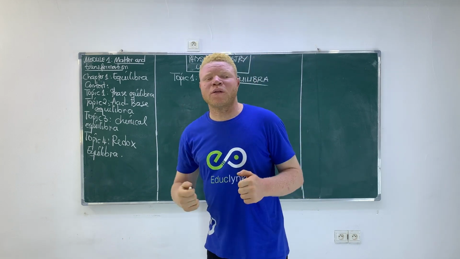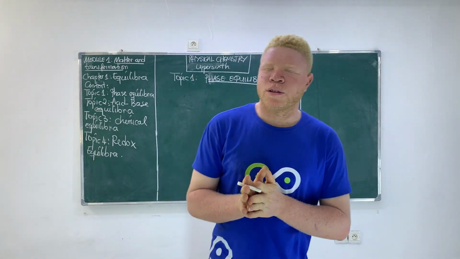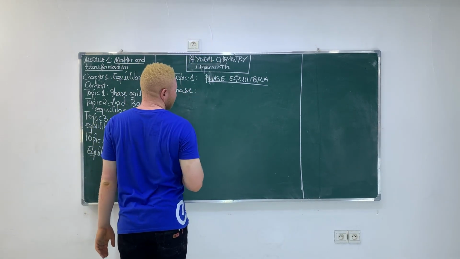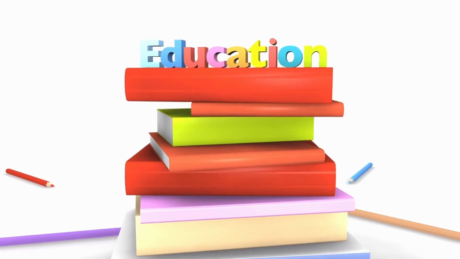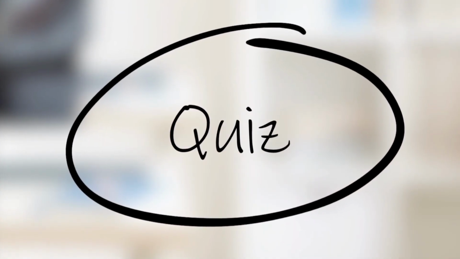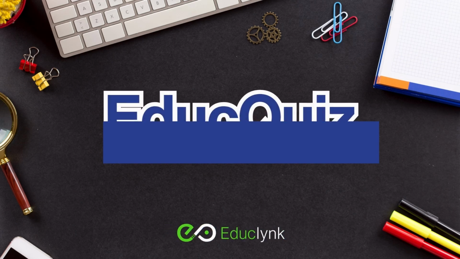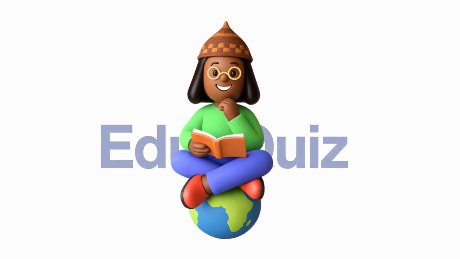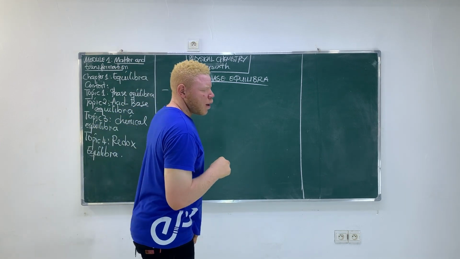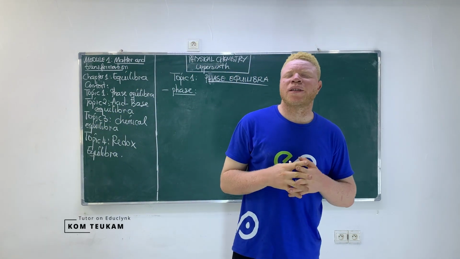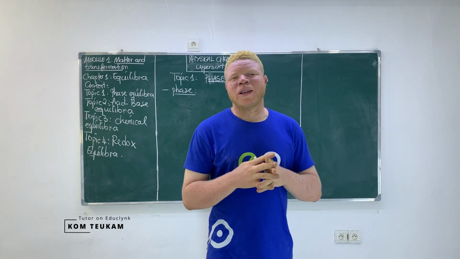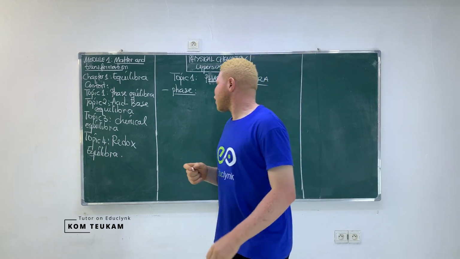So, we talk about physical equilibria, but what is a phase? A phase is simply a homogeneous and physically distinct part of a system.